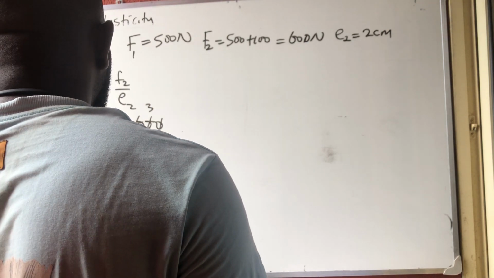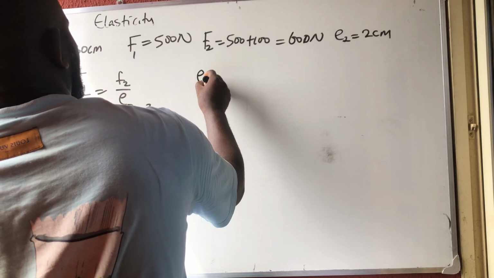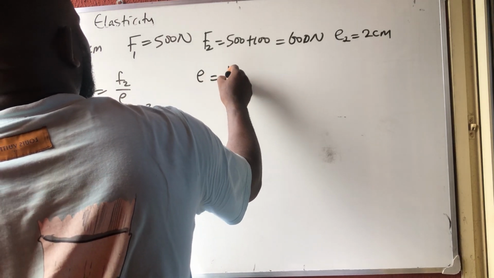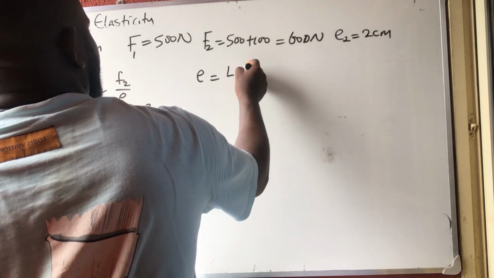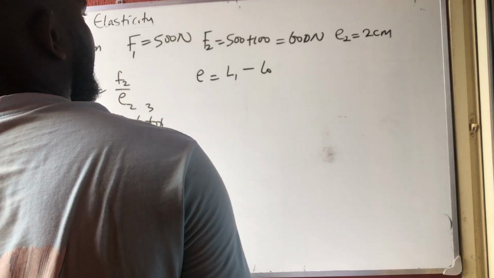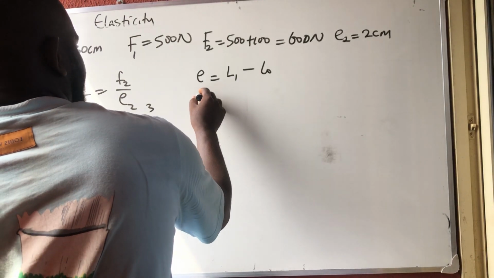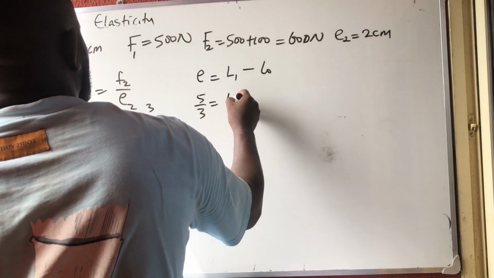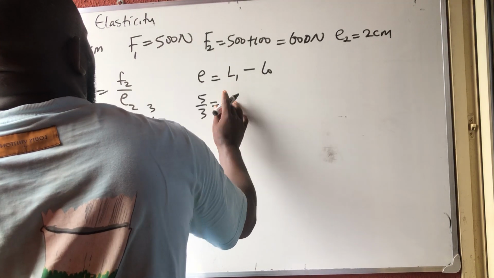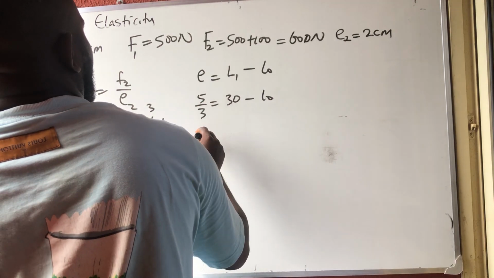Okay, so 5 over 3 is the extension, and I know that the formula for extension is equal to the length produced minus the original length. So I'm having that 5 over 3 is equal to 30 minus L0.